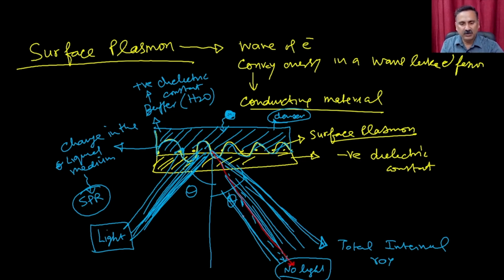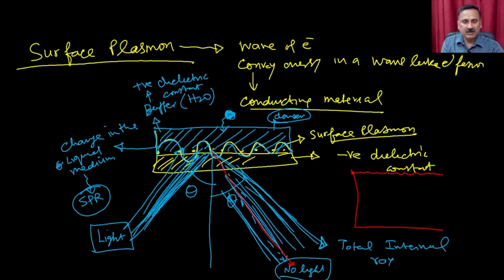Although I'm showing it with red light, there will be no light. This means if I monitor this over a wavelength, and there is no change in the refractive index, the intensity will remain a straight line.